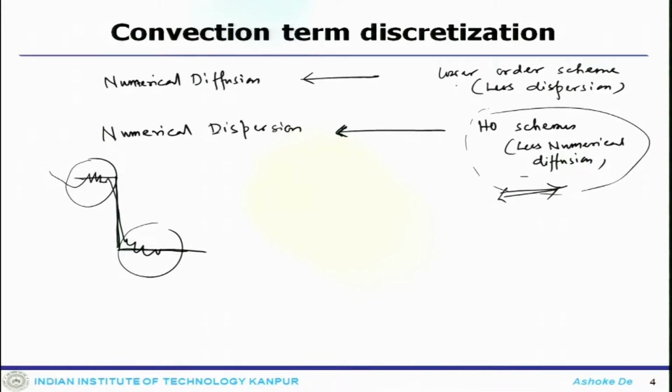We have already seen while doing the analysis for the upwind scheme the value of k where both real and imaginary parts exist. So, it immediately tells us these lower order schemes are prone to both kinds of errors, diffusion and dispersion, but diffusion is more dominant because their spatial accuracy is less, and that comes from your truncation error.